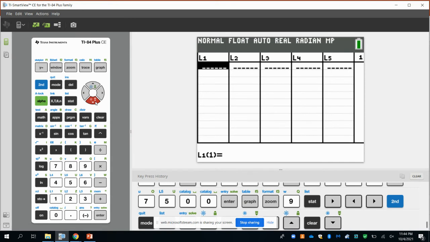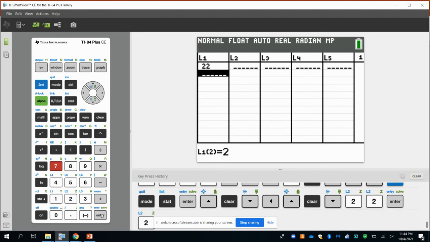All right, now I'm going to enter the table. In L1 I put all the X, which is the age, and in L2 I put the percentage divorced. So the first data is 22, and then 27, and then 32.